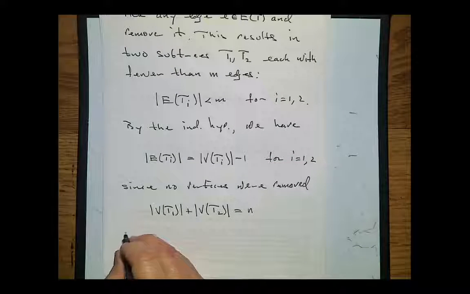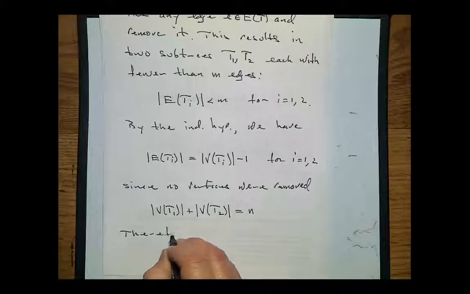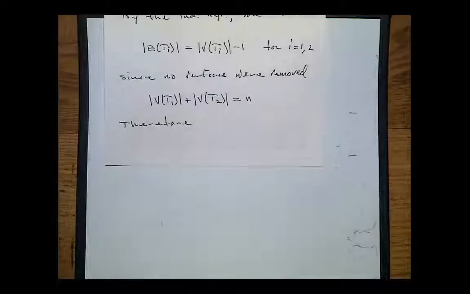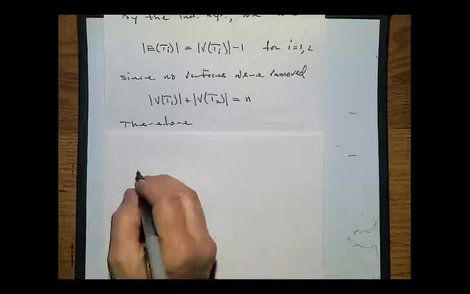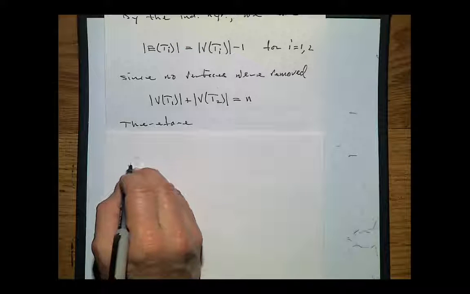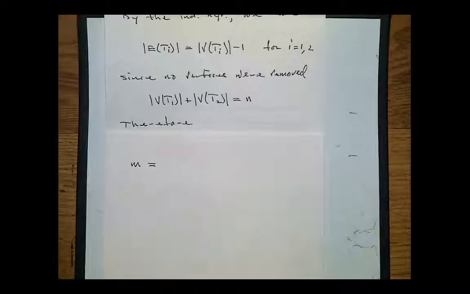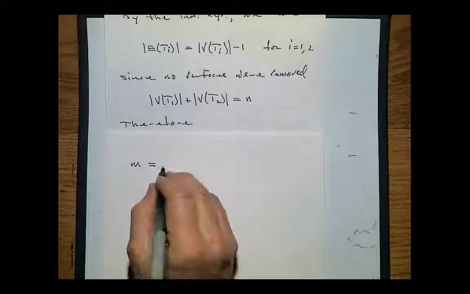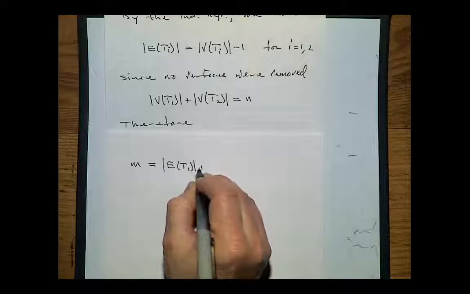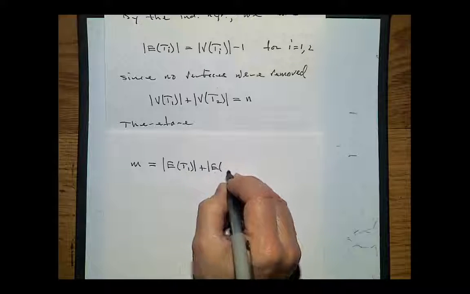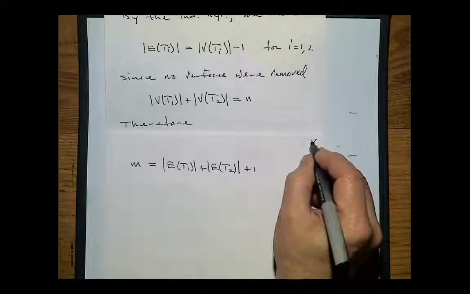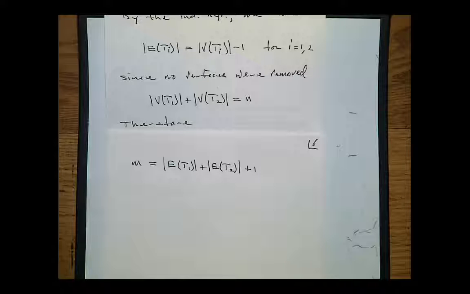Okay, therefore, I'm trying to show that m equals n minus 1. M, that's the number of edges in T. Well, that's the number of edges in T1 plus number of edges in T2 plus 1. And what's the 1? That's the one I erased, the one we removed.